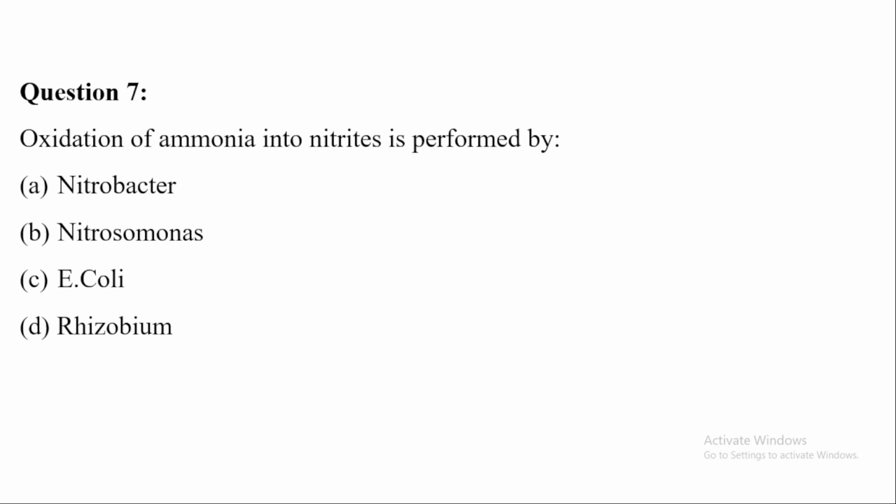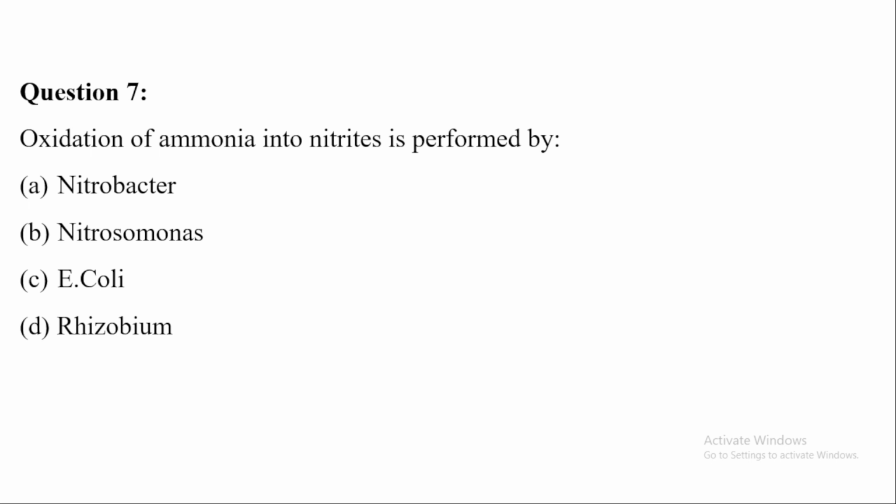In that process, there are certain bacteria that help in doing each step. Some bacteria can convert ammonia to nitrites, some can convert nitrites to nitrates, some can do the denitrification. So in this question, they have asked which bacteria can perform the oxidation of ammonia into nitrite.